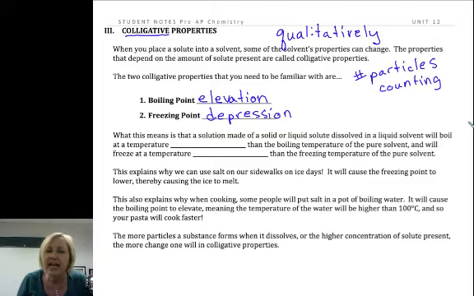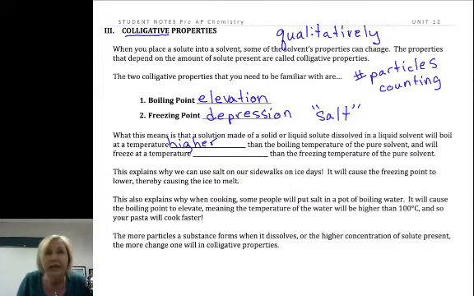Okay, so if you add, for example, salt, which we tend to do, people think that adding salt makes water boil faster. It doesn't. It actually takes a teeny bit longer to boil. What it does is it causes water to boil at a higher temperature.